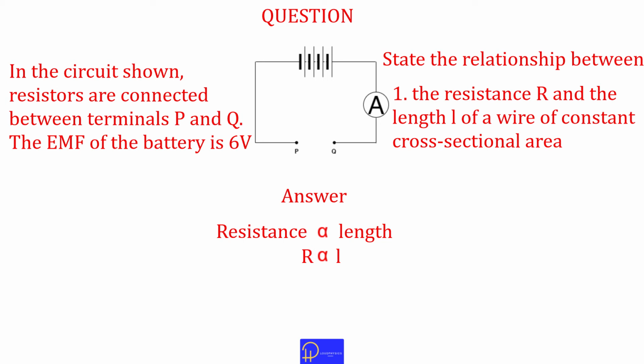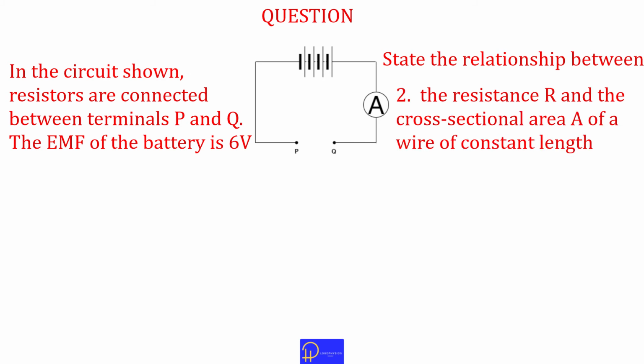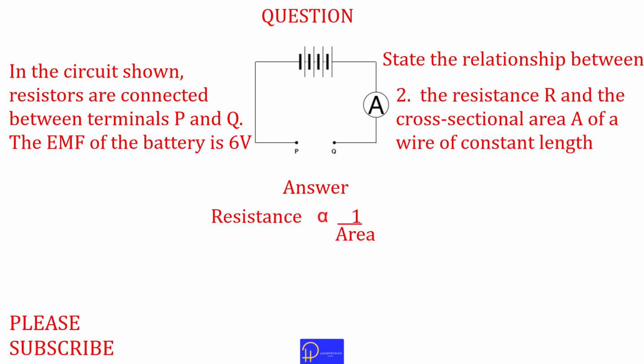So we have R proportional to L. 2, we have to state the relationship between the resistance R and the cross-sectional area of a wire of constant length. Again, resistance is inversely proportional to area, and that gives us R is proportional to 1 over A.